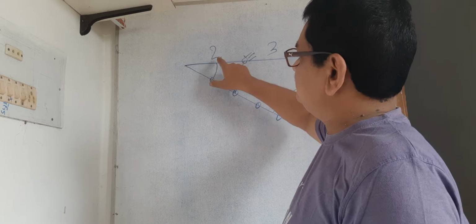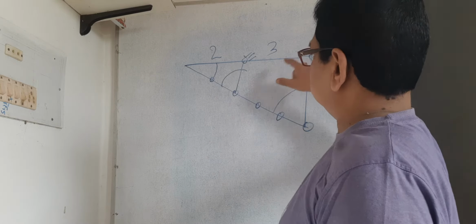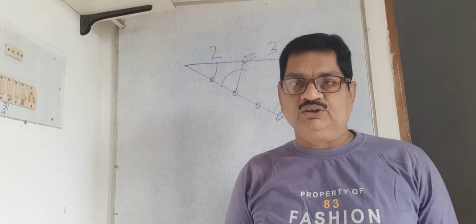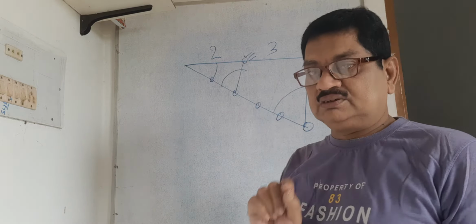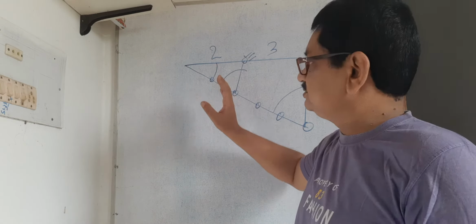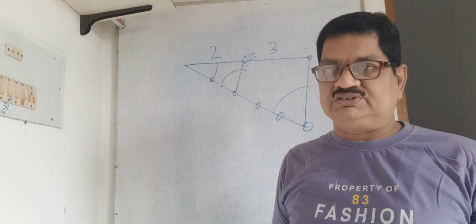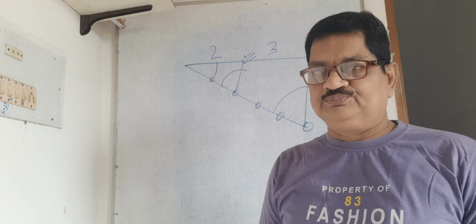So that is why we get here 2 and 3. So this point divides this line segment in ratio 2 and 3. Students are required to use compass and pencil to draw this very important construction. So let's come to the triangles.